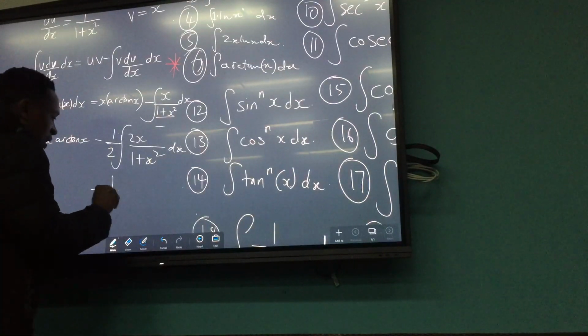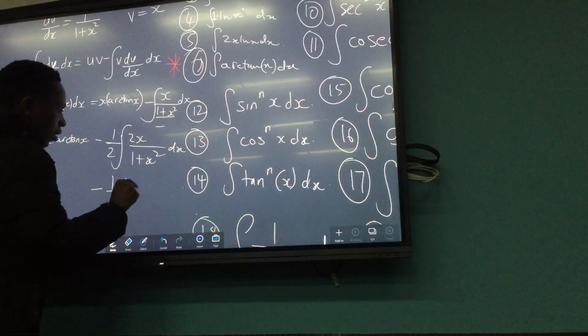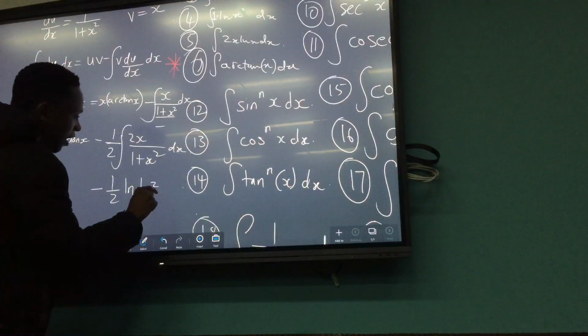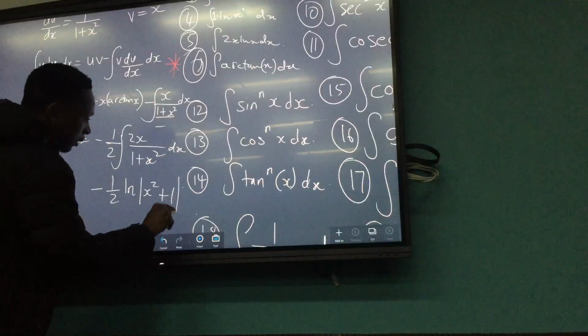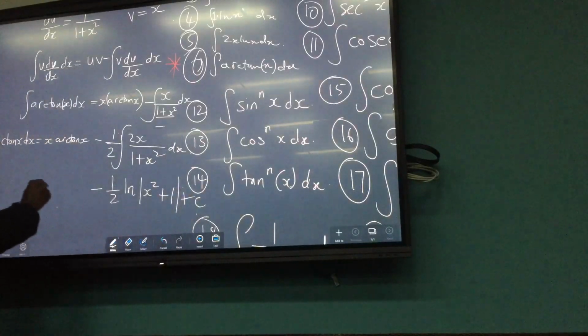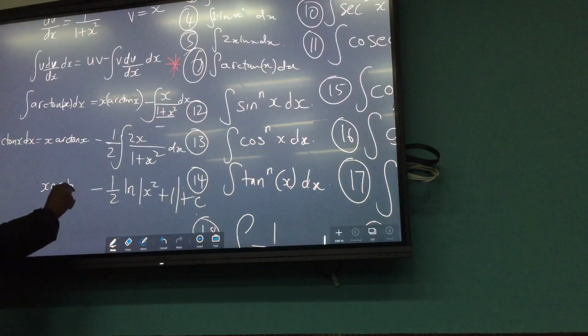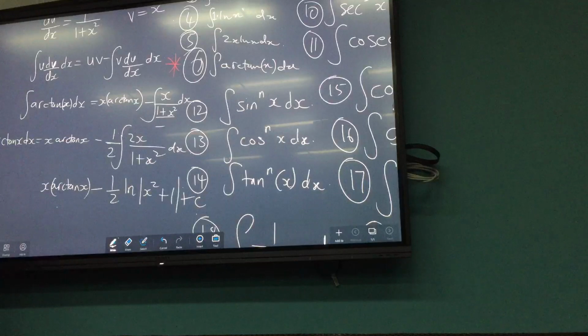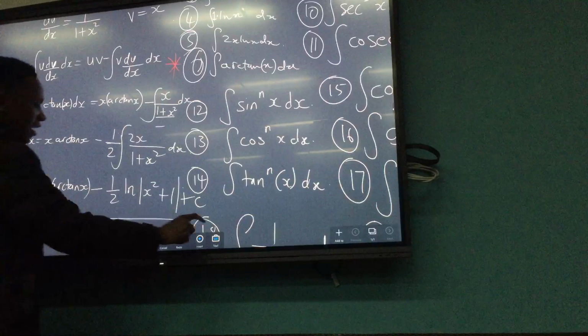So it's going to be 1 over 2 ln of x squared plus 1 plus our constant of integration c. But here we still have to write everything else, which is x arctan of x, right? And we still have to write our integral, which was arctan of x with respect to x. So that there is our solution.